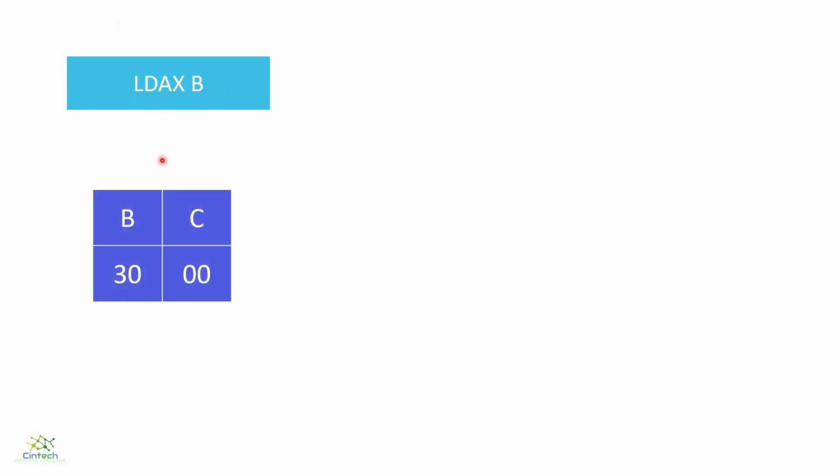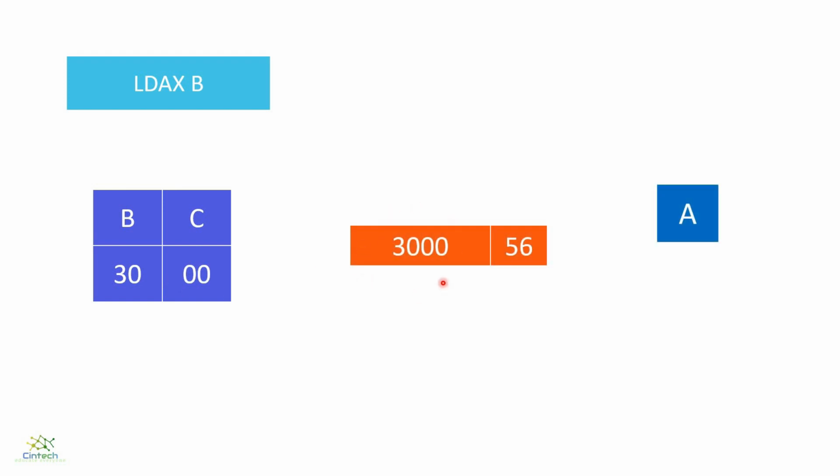If you can see B here, that means this B is not only B but the BC register pair. So what does it do? Let's get clear. In the BC pair, suppose the value 3000 is present. The MPU will go to location 3000, copy the content of that location and paste it in the accumulator.